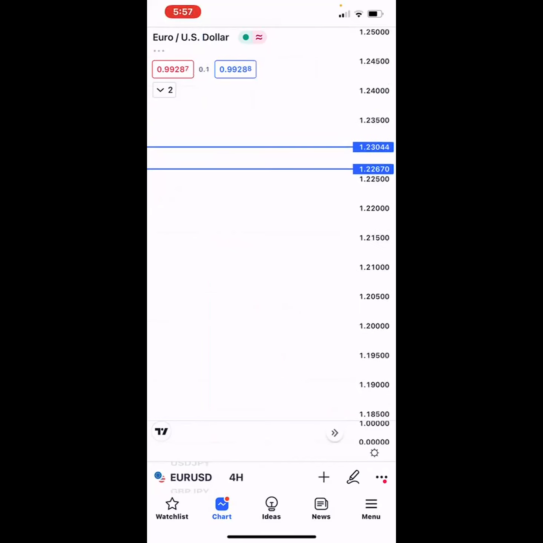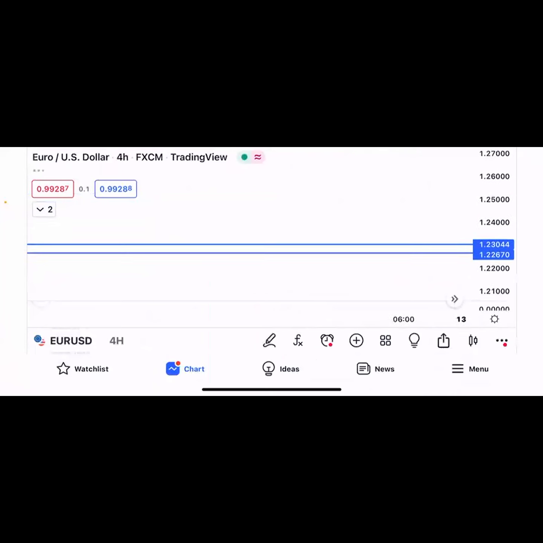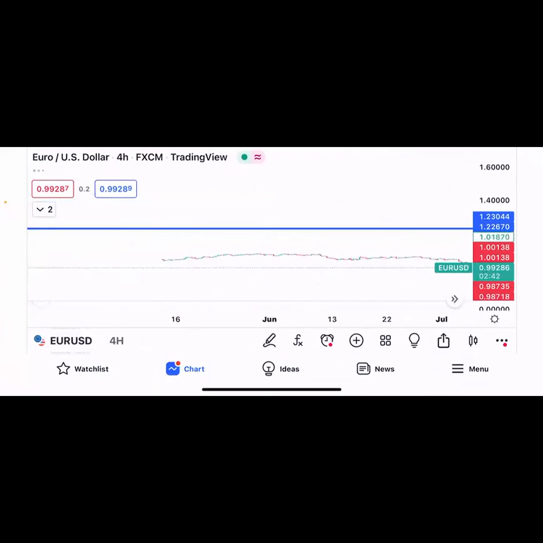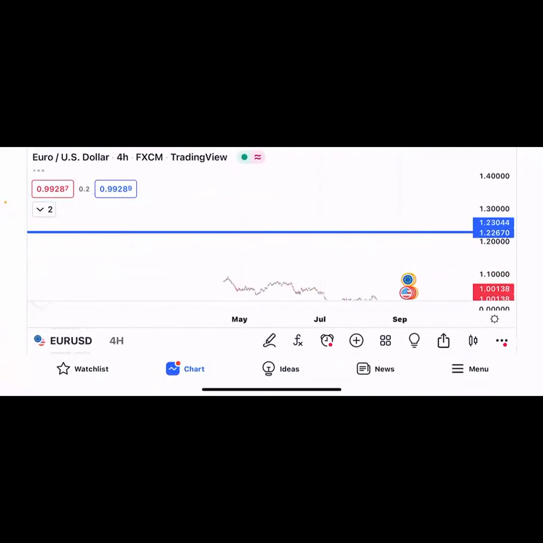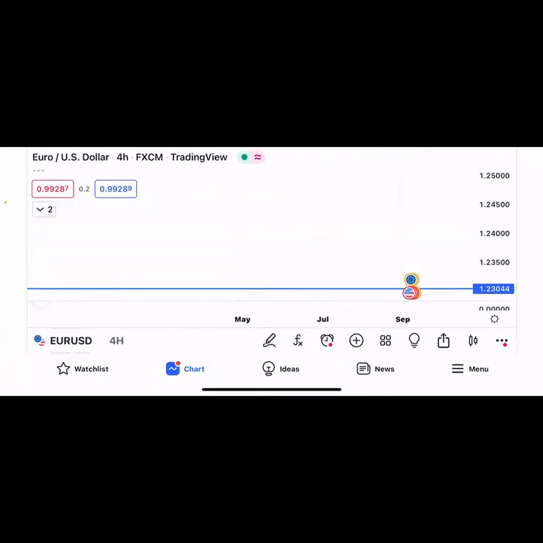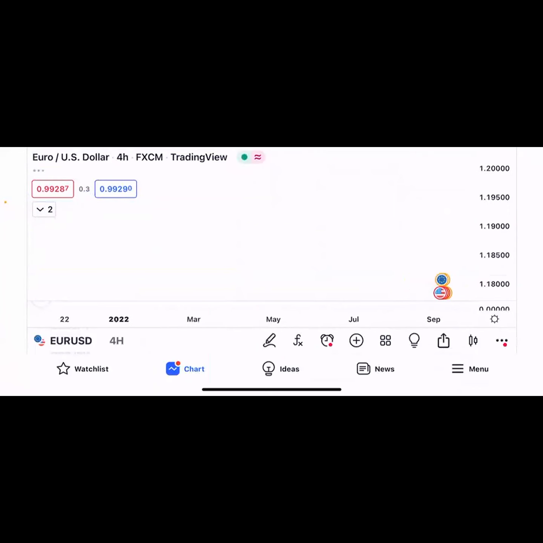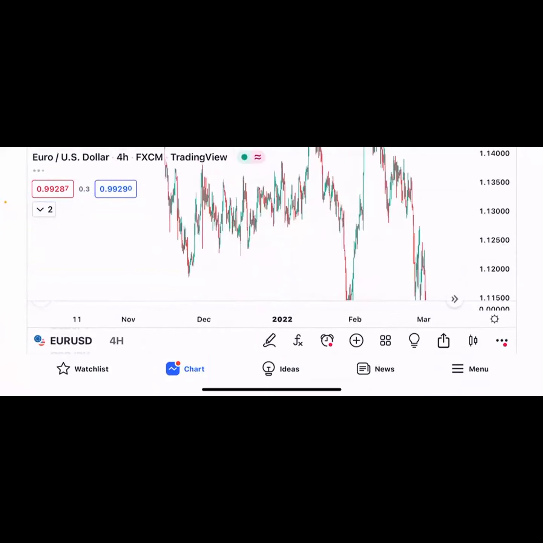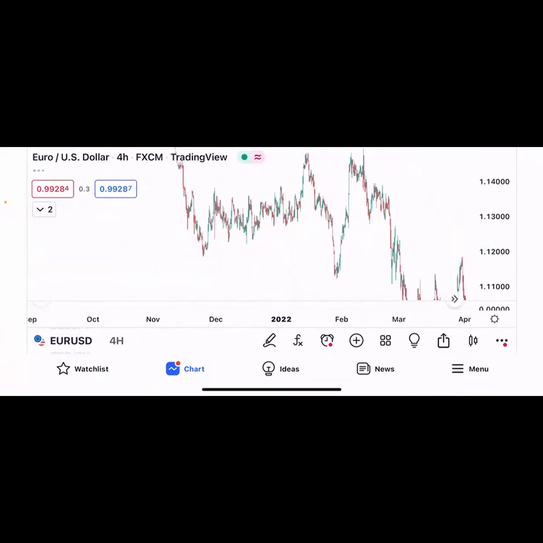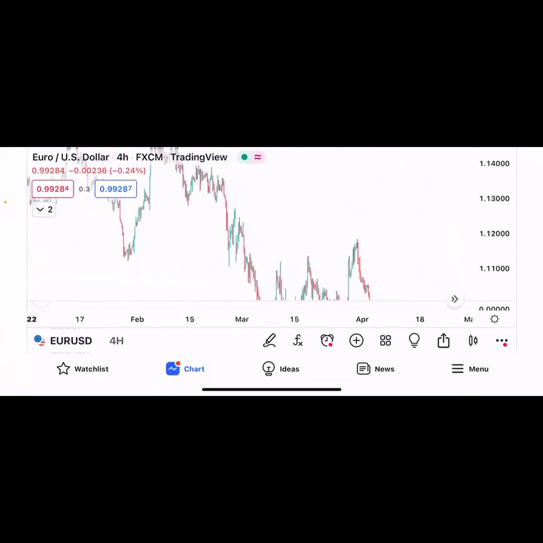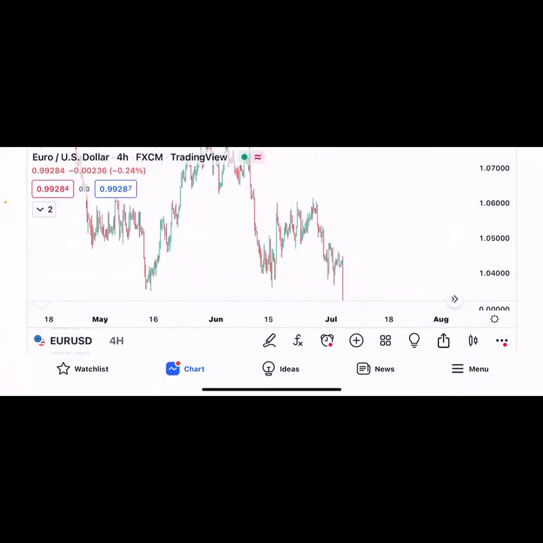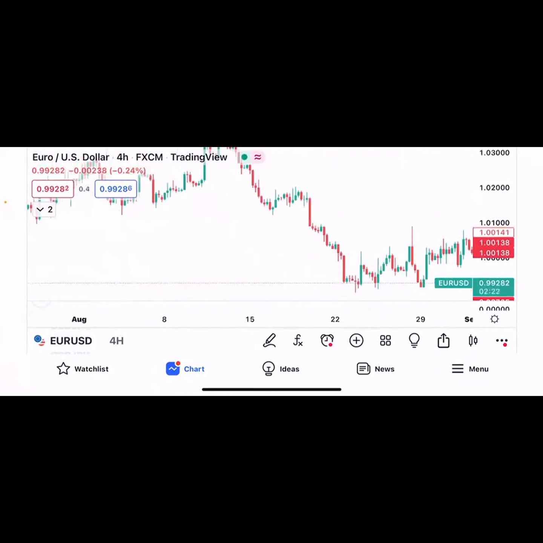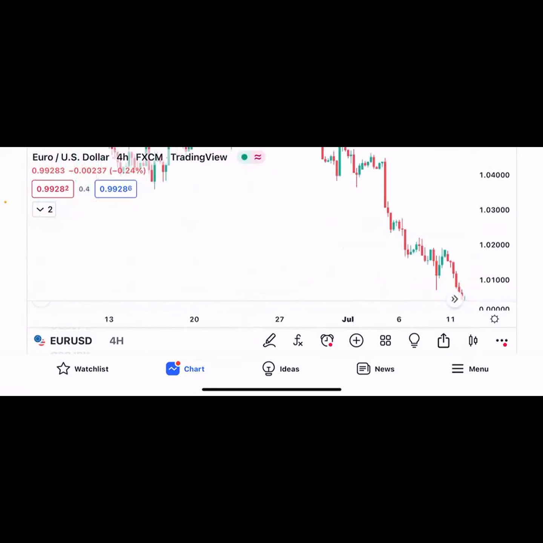So go on the lower time frame and go for your vertical line. Vertical line. Where are you? Where are you?